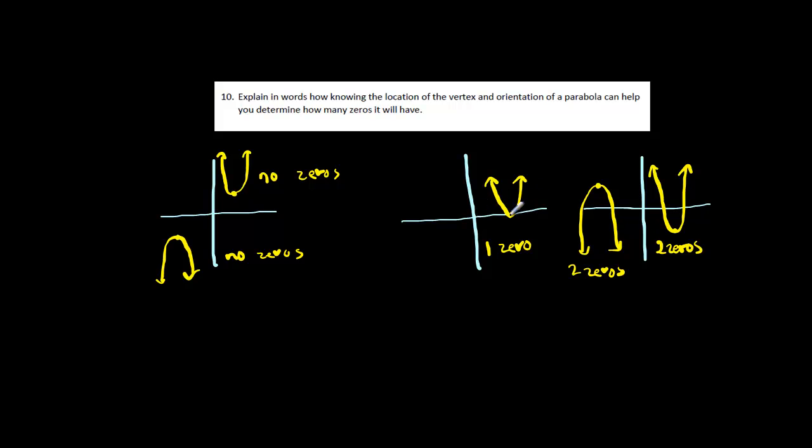If the vertex is located on the x-axis, regardless if it opens up or down, it will only have 1 zero. Finally, if the vertex is located above the x-axis and it opens down, or if it's below the x-axis and it opens up, then you will have 2 zeros. That's basically what you would need to say.